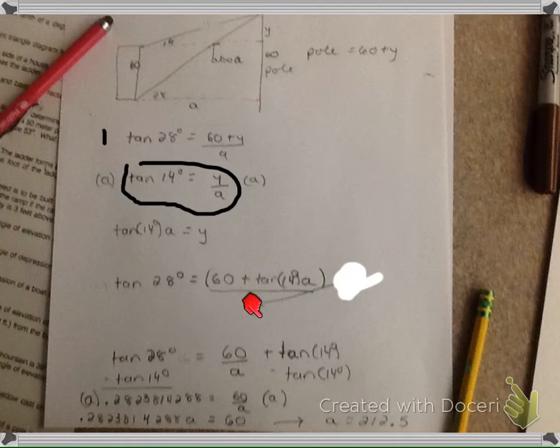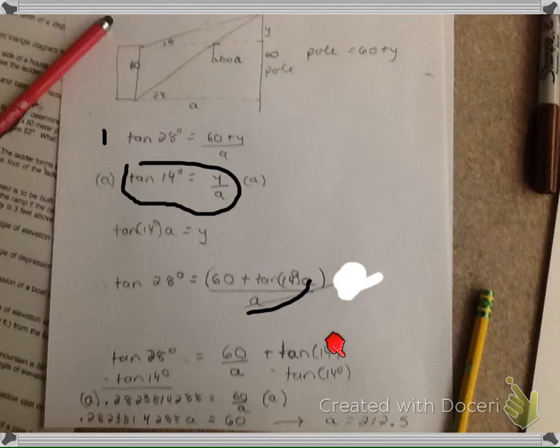Because both of these things are being divided by a, I canceled this one. I'm going to go back to black. I canceled this one, but I haven't canceled this one, the 60 over a. So tan of 28 equals 60 over a, plus the tan of 14 degrees.